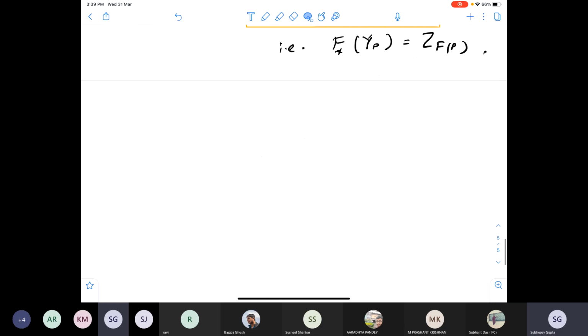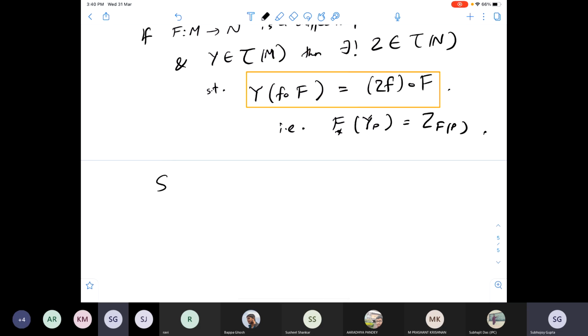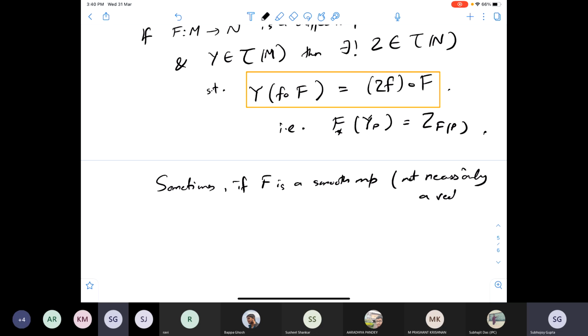So let me just say first that sometimes, if f is a smooth map, not necessarily a diffeomorphism, I'm getting ahead of myself here, then there's this vector field.